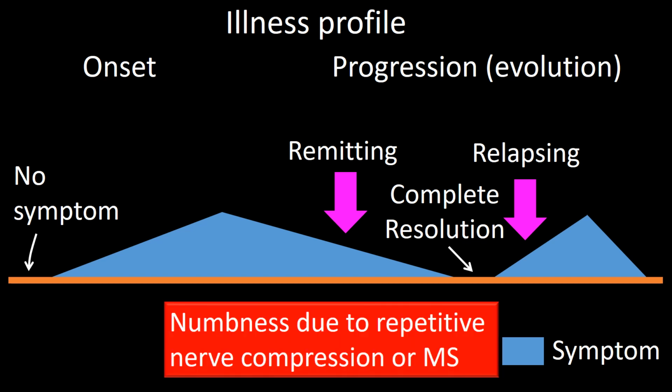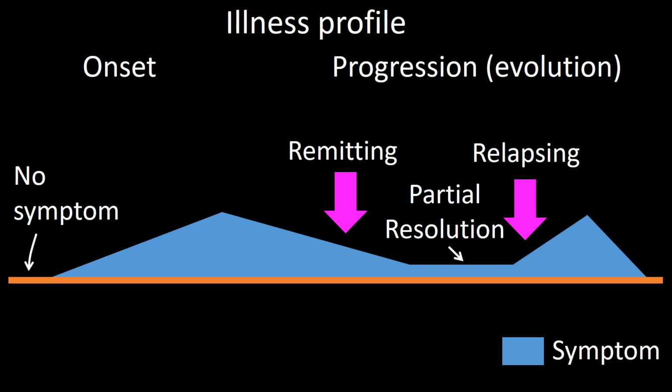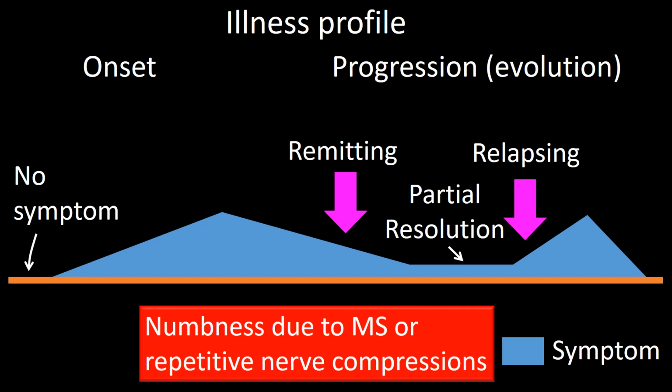This mode of evolution can be seen with repetitive nerve compression or in patients with MS. Remitting and relapsing evolution can also occur with only partial resolution between episodes, as can be seen in numbness due to MS or frequent repetitive nerve compressions.